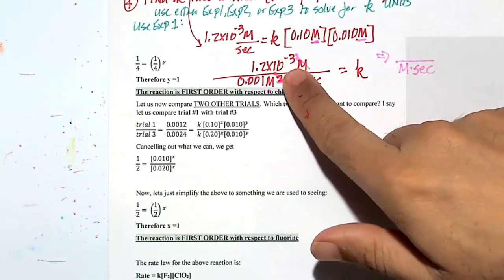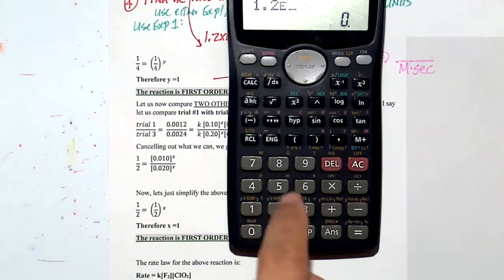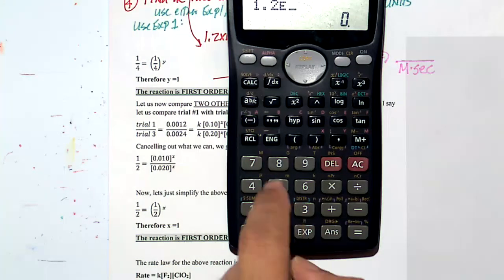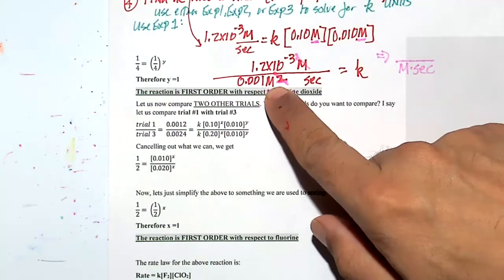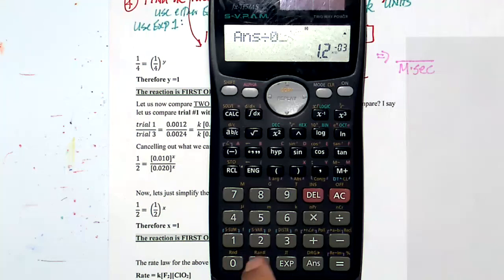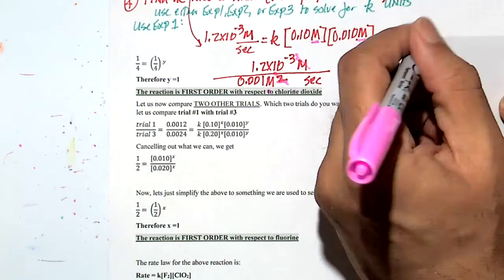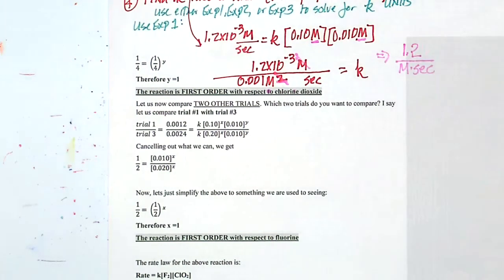What's 1.2 times 10 to the minus 3 divided by 0.001? 1.2 is going to be my k. So here's my final answer.